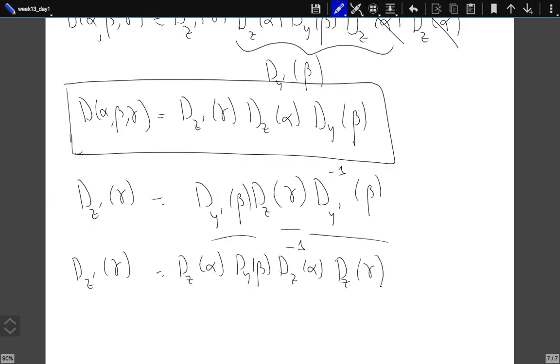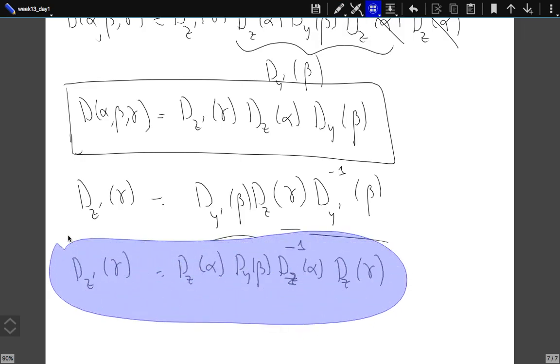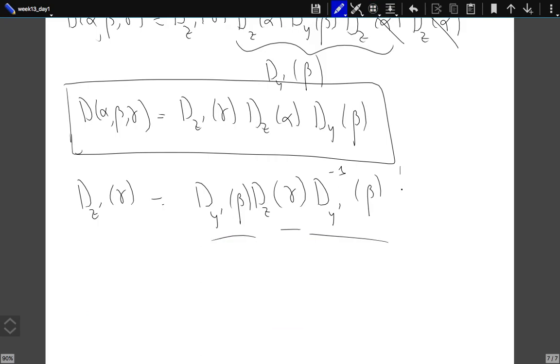Now, hold on. Okay, so this is our new transformation.